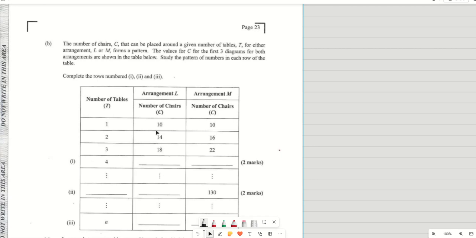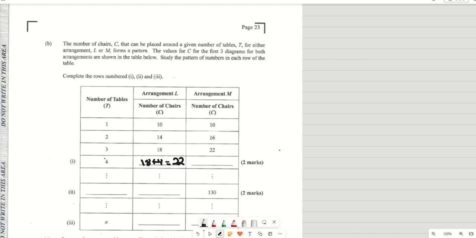arrangement L, the number of chairs, we're going from 10 to 14, so it's increasing by 4, 14 to 18. And because it's 1, 2, 3, 4, what you could have simply done, because this is a 4th arrangement, you could have said 18 plus 4 is equal to 22. Right?